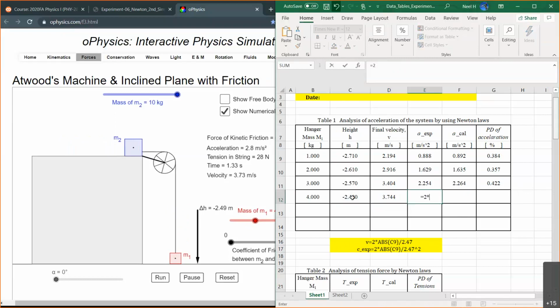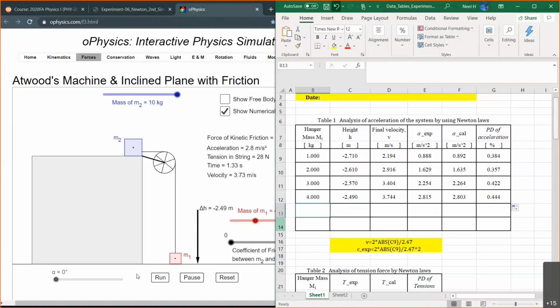Equal sign 2 times ABS parentheses C12 close brackets divide by 1.33 to the power 2, and then these two we can click and drag. If all correct, these two numbers should be exactly the same.